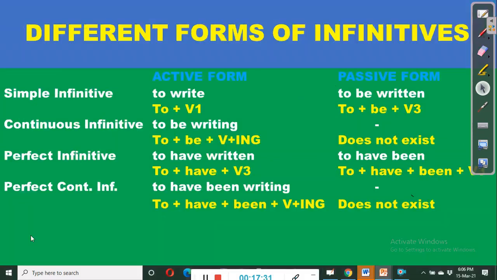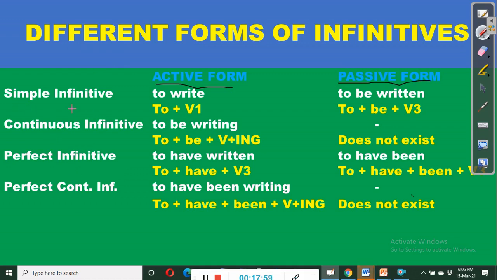Now let's move further to look at different forms of infinitives. We have two main forms of infinitives: the active form and the passive form. Then we have the four subclasses of infinitives.